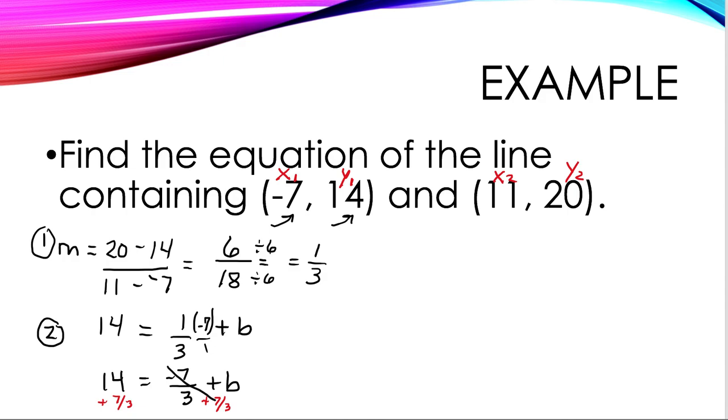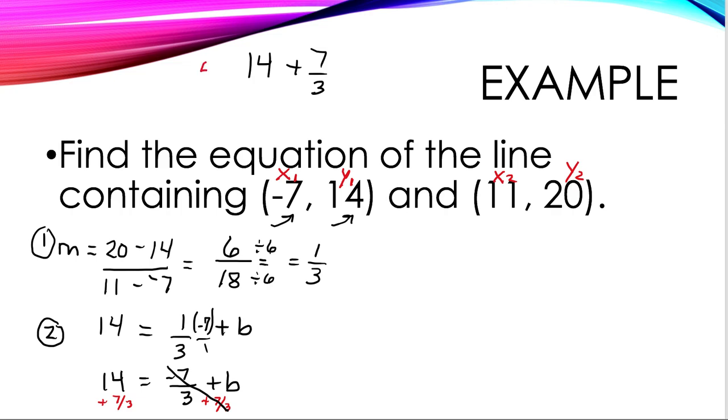And so it's going to end up canceling over here. And so now I need to figure out what 14 plus 7/3 is equal to. In order to add them together, we're going to need them both written with a denominator of 3. So I need something over 3 that is equal to 14. Well, 14 times 3 is 42.